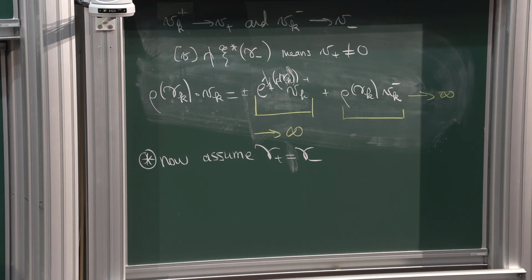So the way to do this, there's a standard trick in this whole theory. Gamma plus equals gamma minus means that your elements are not regular enough, they're somehow not proximal enough.